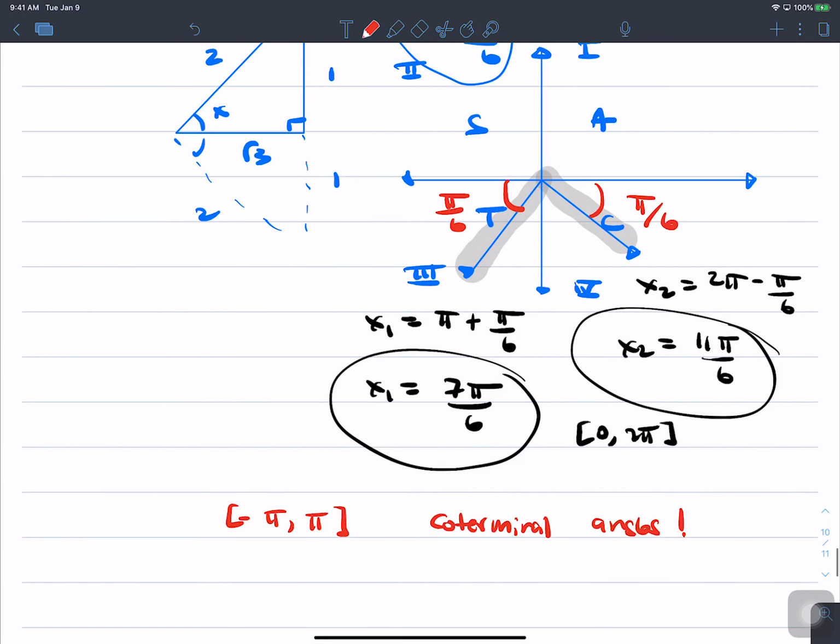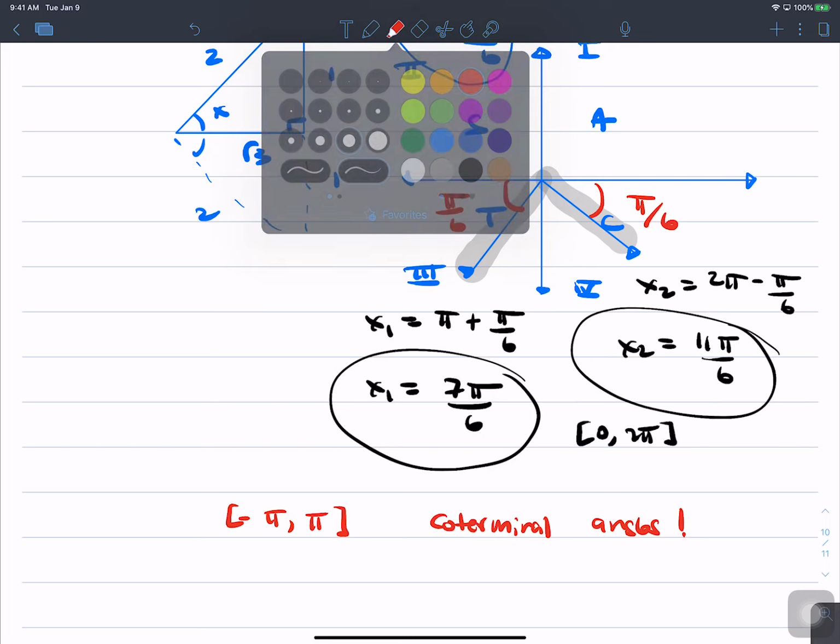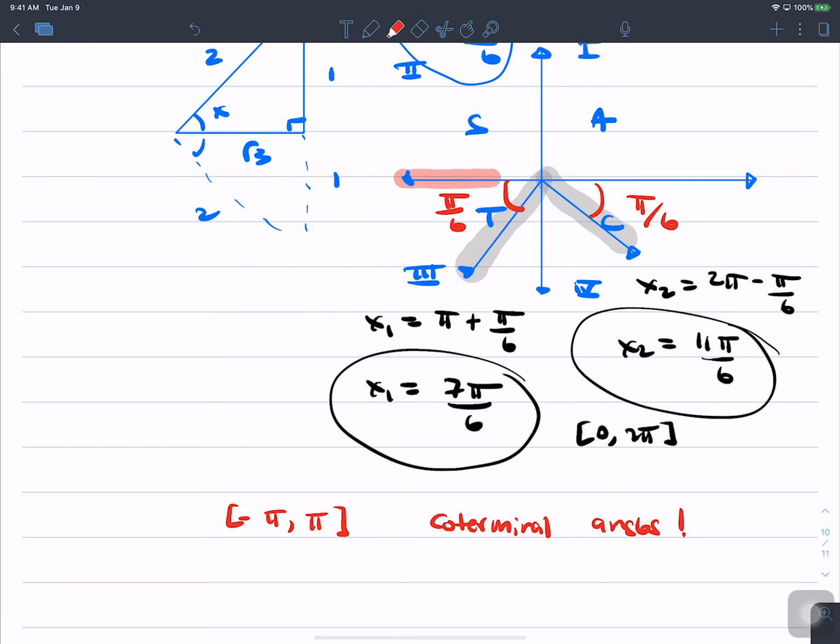Coterminal angles are rays that share the same terminal side, that's the definition. Going back to trig, negative pi, it's like saying I want you to start at negative pi. Where's negative pi? Negative pi is this line right here, and we have to rotate that, negative pi all the way up to positive pi.